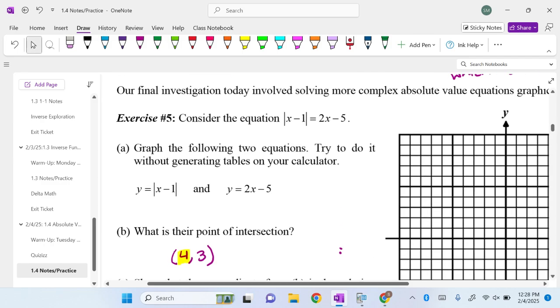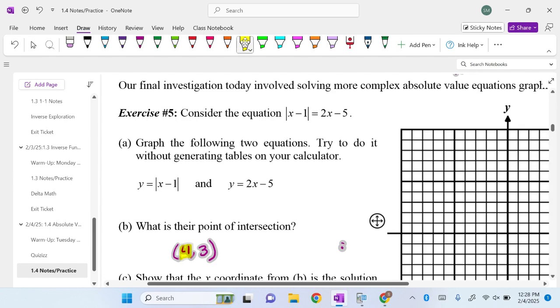What I tell kids is that on the EOC, if you ever see any type of equation like this, whether it's absolute value or even equations that are not necessarily absolute value, if they look complicated, plug in both sides of the equation into separate parts of Desmos, find their points of intersection, you got your answer.